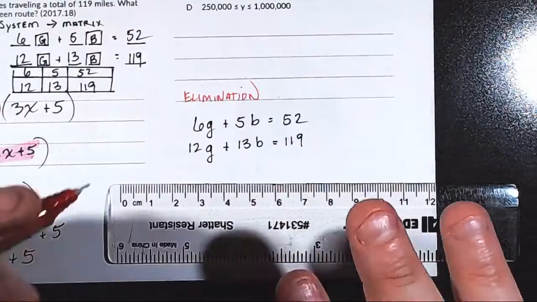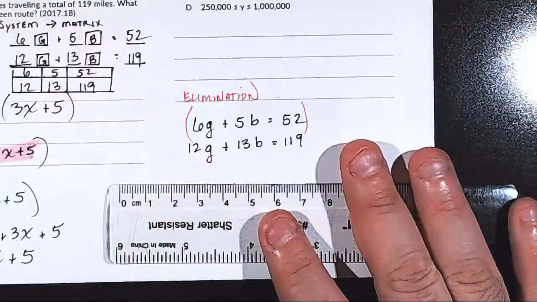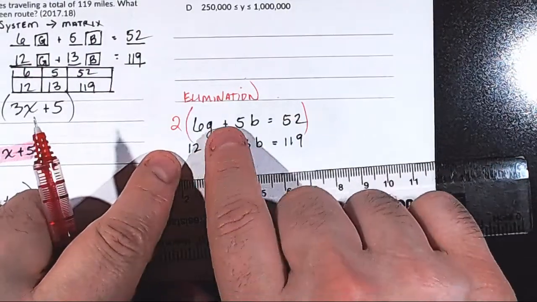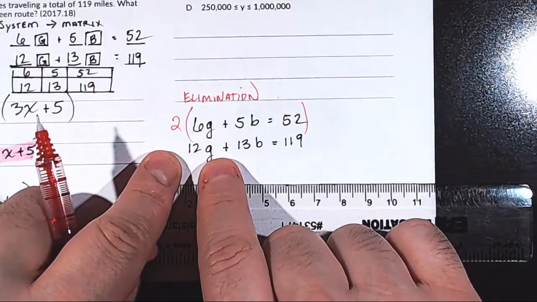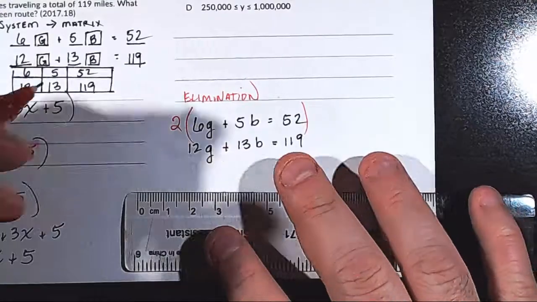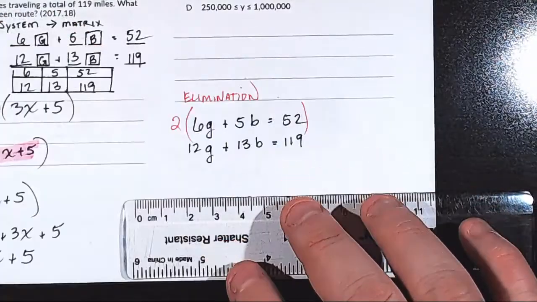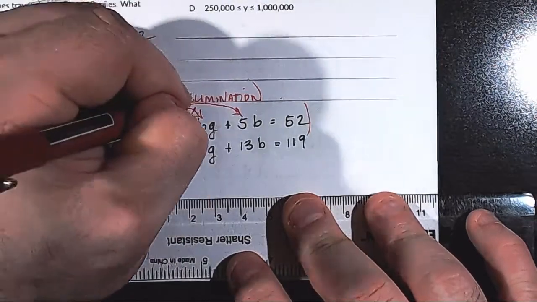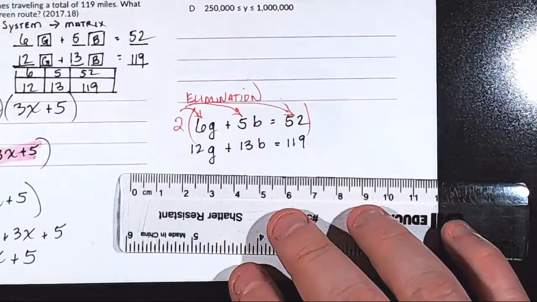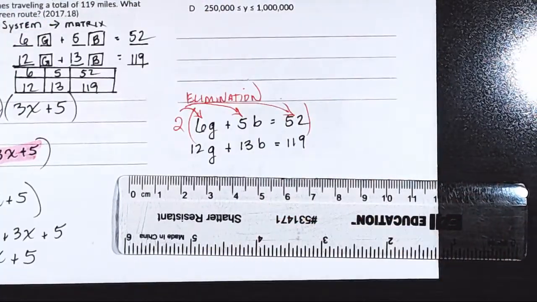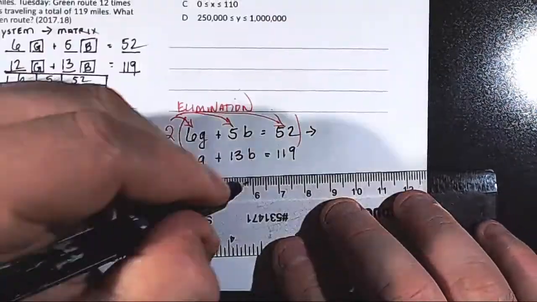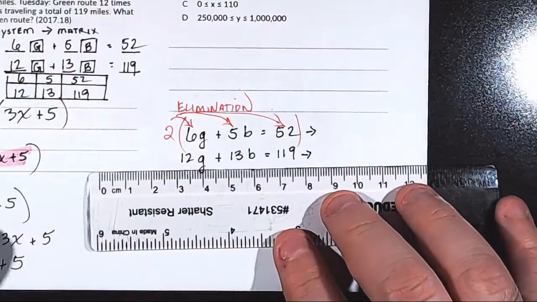The way we do that is we multiply the top equation by 2 in order to make the G coefficient 12. I'll distribute that 2 throughout to each term. It's the same system, I'll just rewrite it over here.